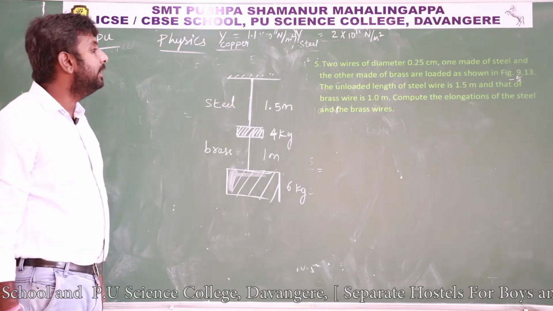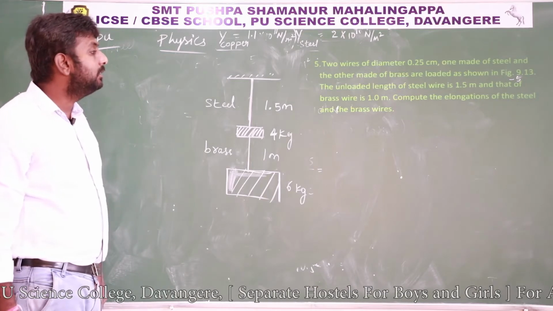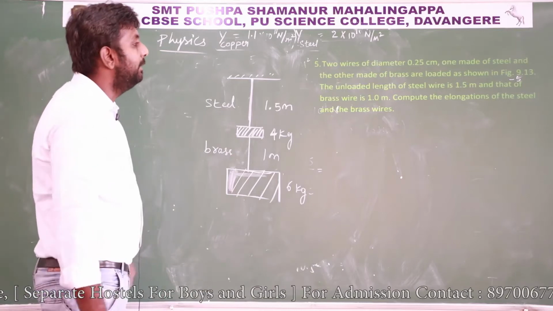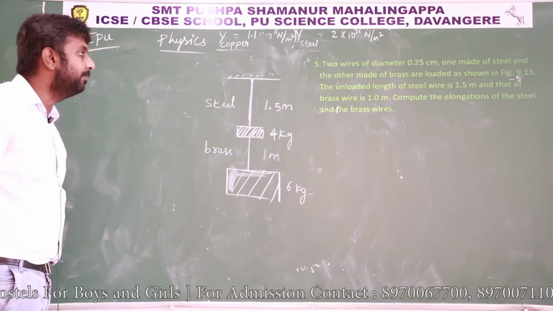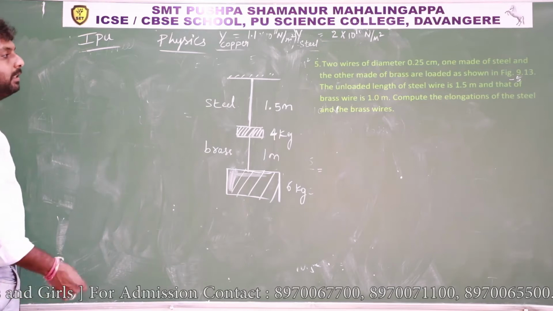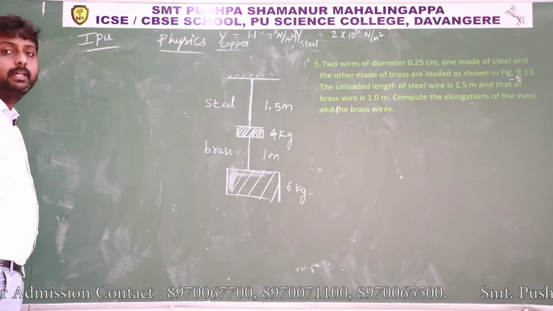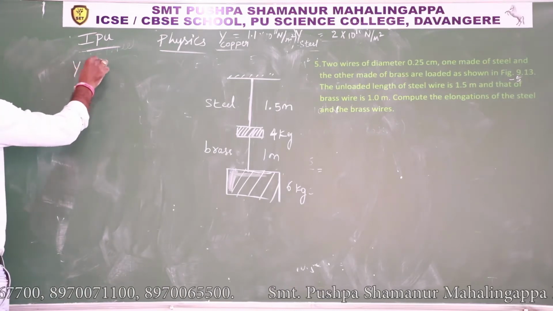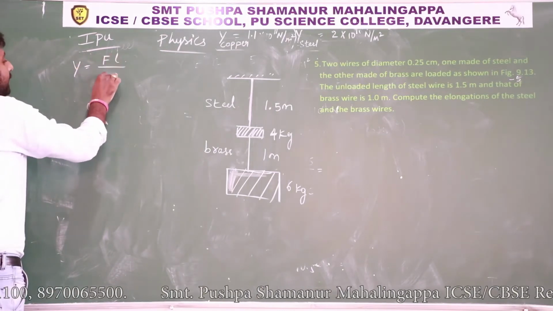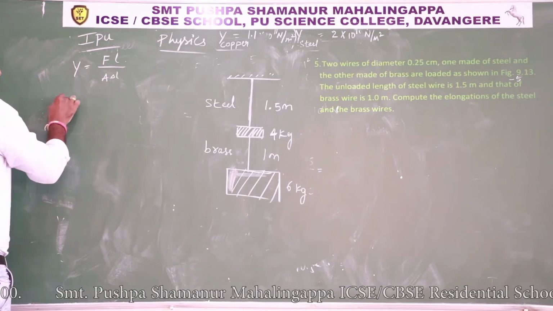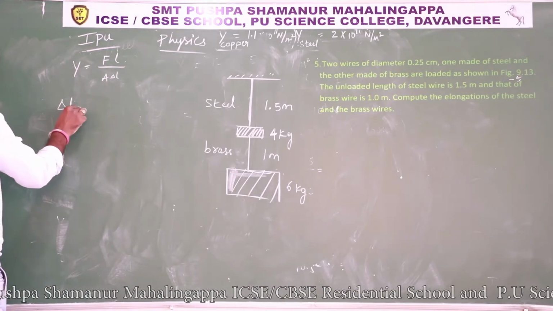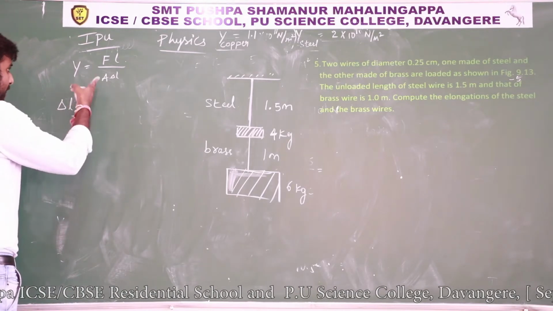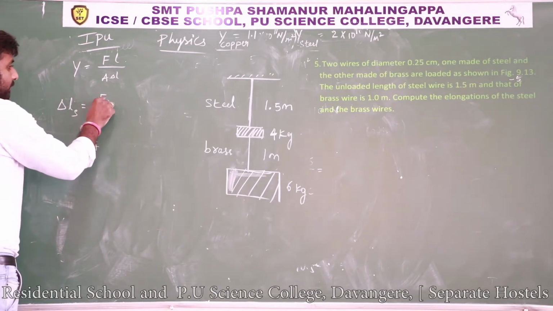What we need to find here is to compute the elongation of the steel and brass wires. The two wires have the same diameter, so the area is the same. So separately we have to find the change in length in the steel wire and in the brass wire. For that, the basic formula is Y equals FL divided by A into delta L. For steel, delta LS equals Fs, the force on the steel wire, into LS divided by AS into YS.